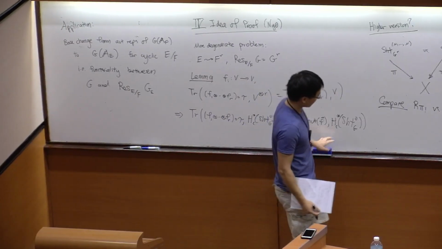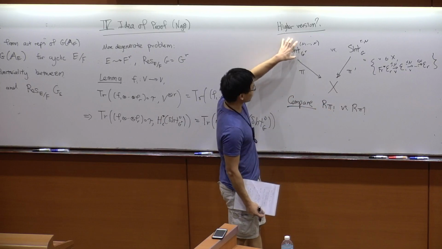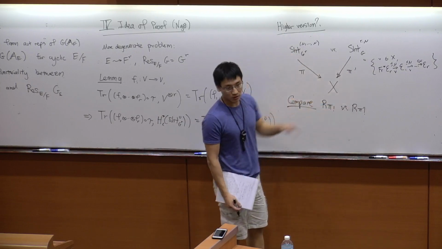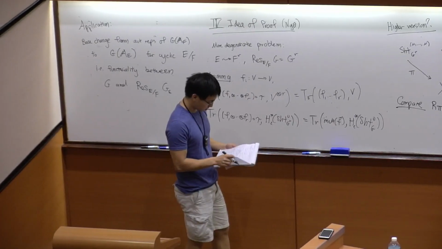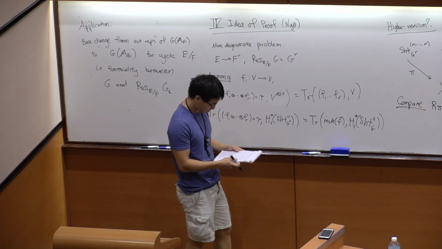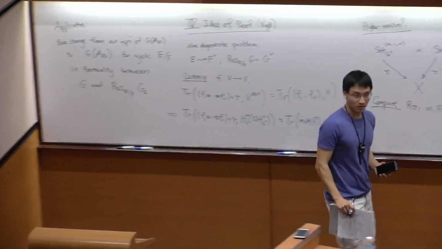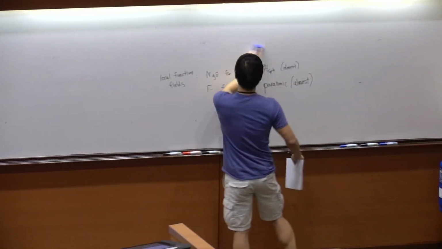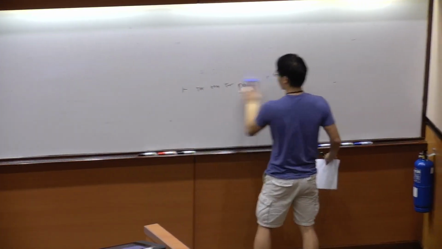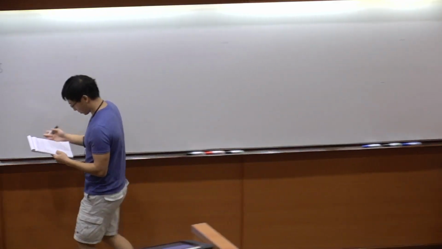Okay, so if you're not super familiar with this notation, just think of it as kind of the cohomology of the fibers of these two different maps. All right. Any questions about this? Okay, so let me try to formulate something more precise.